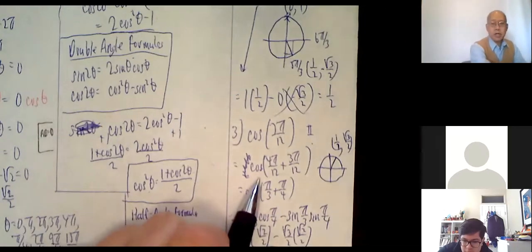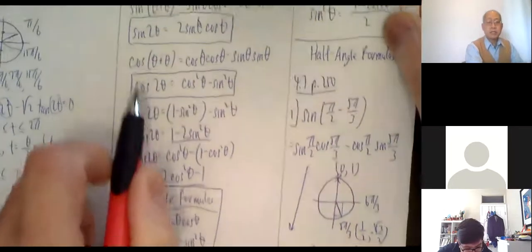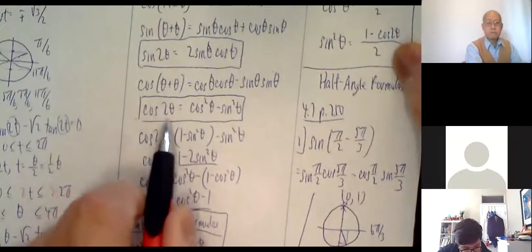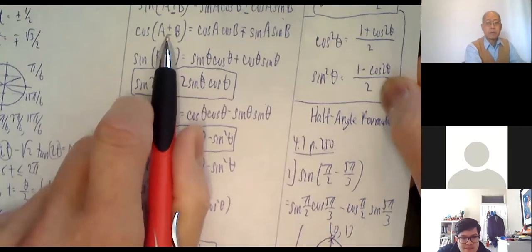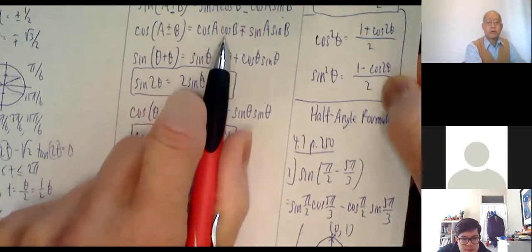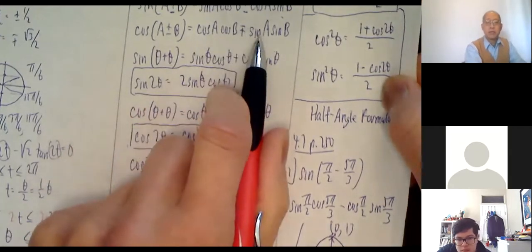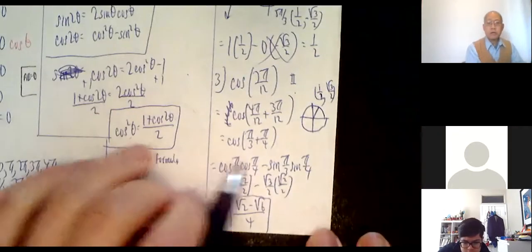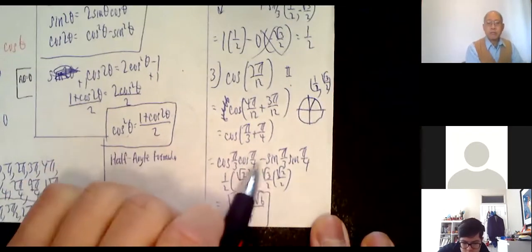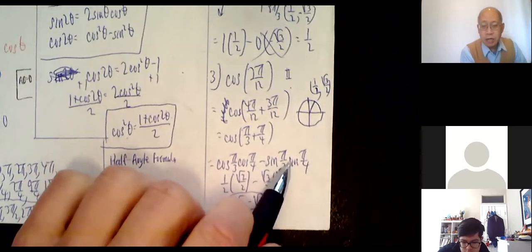So this is now the cosine of a sum. Cosine of something plus something. I'm using this one, the top one. So it's cosine first, cosine second, minus sine of the first, sine of the second. So cosine pi over 3, cosine pi over 4, minus sine pi over 3, sine pi over 4.